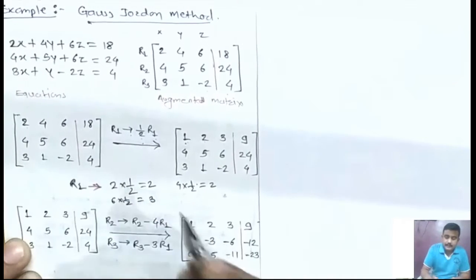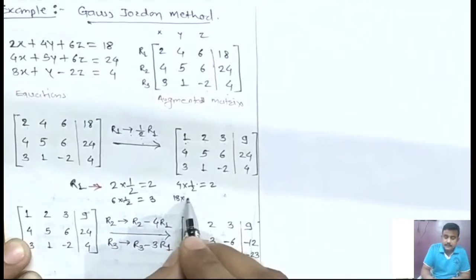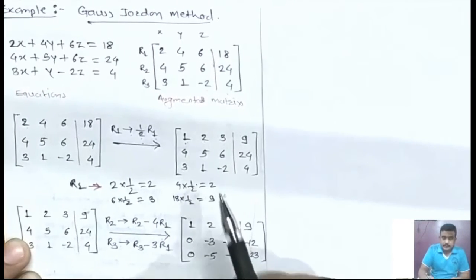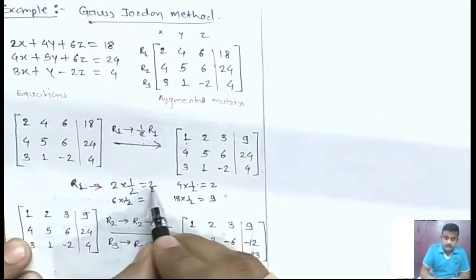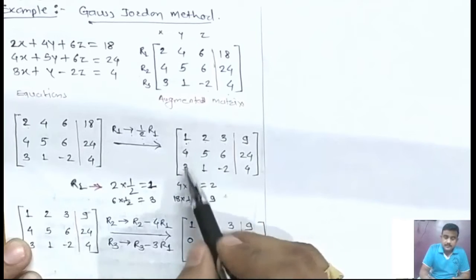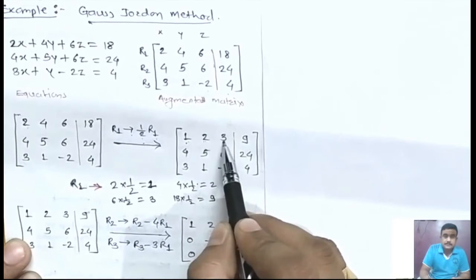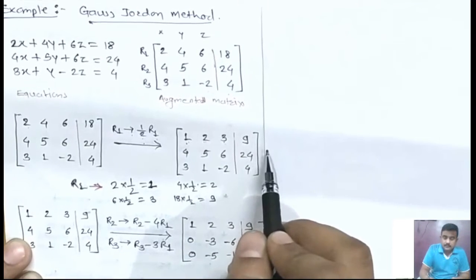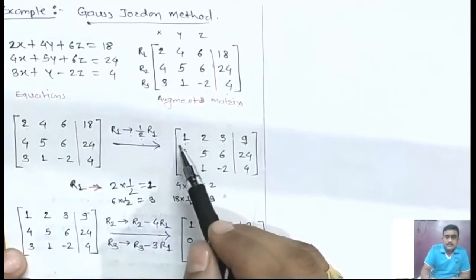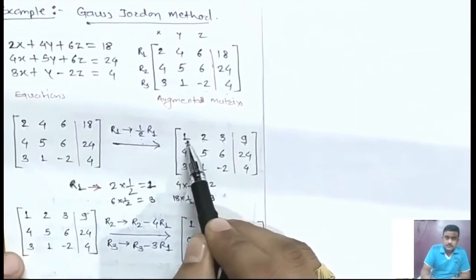And 18 multiplied by 1 by 2, we get 9. That's why the values in the matrix will be 1, 2, 3 and 9. Now we get 1 in the first position.